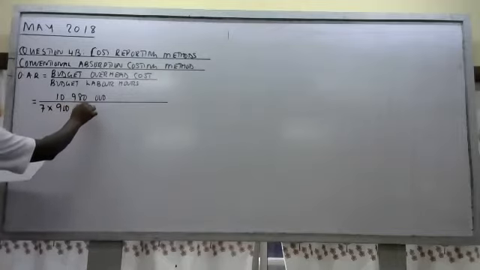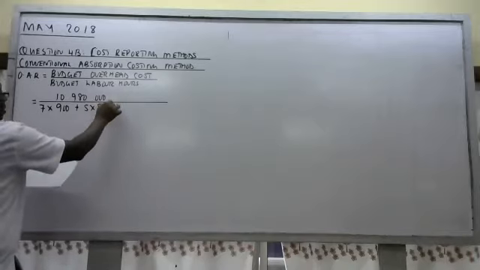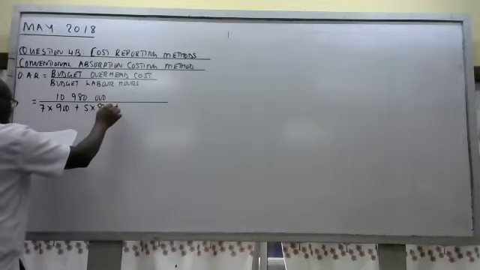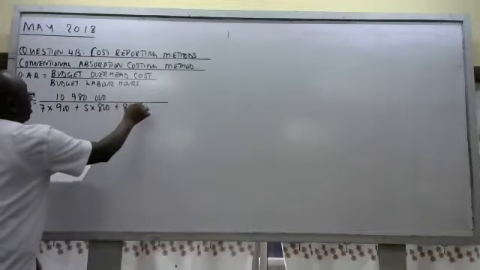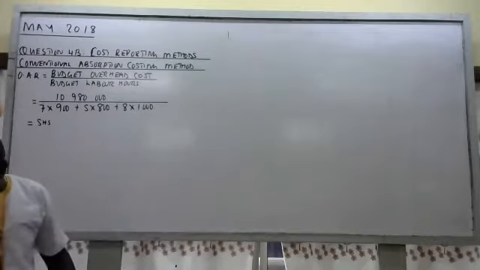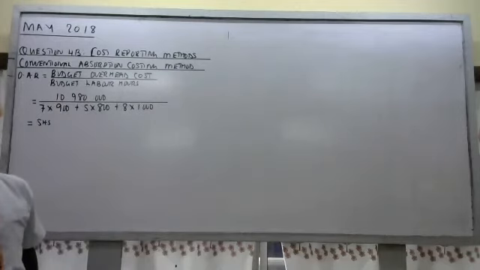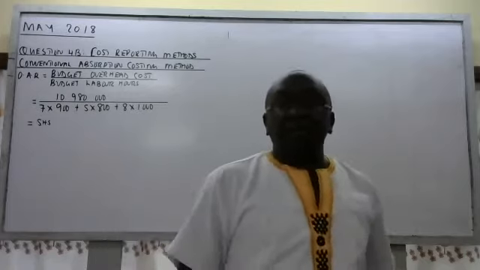Plus 5 hours multiplied by 800, plus 8 hours multiplied by 1,000. Work out that and send me the figure.